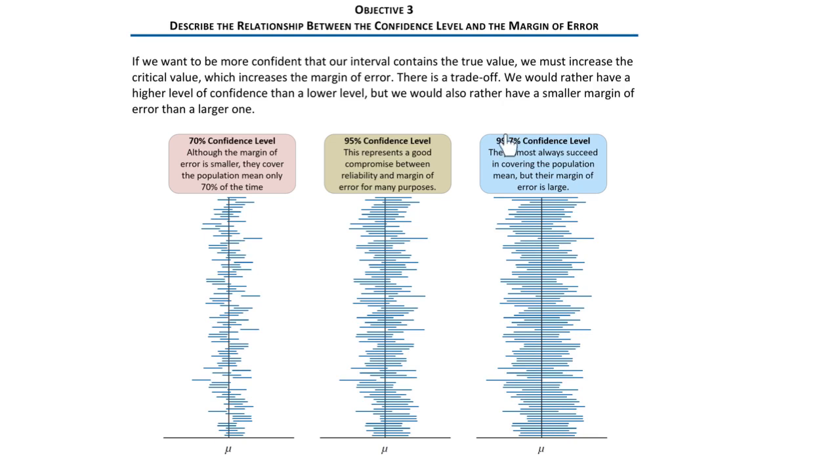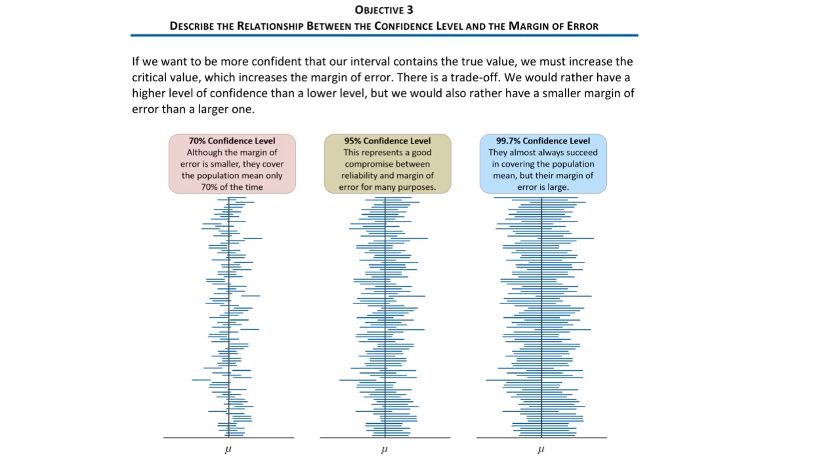The rightmost figure has 99.7% confidence intervals. These intervals are very reliable, but they are wider due to a larger margin of error, so they do not convey as much information. In the leftmost diagram, the margin of error is small, but the intervals cover the population mean only 70% of the time.